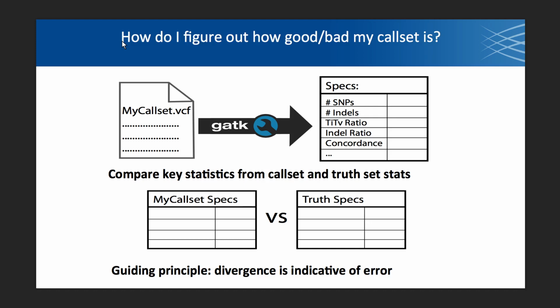Of course, concordance is concordance to some truth set, right? So it's not concordance to some other sequencing project with the same technology. It would be concordance to some validation data, so concordance to something that you really believe is true. It might be a more expensive assay, but it's a high quality assay.